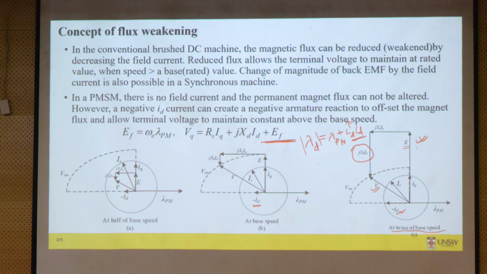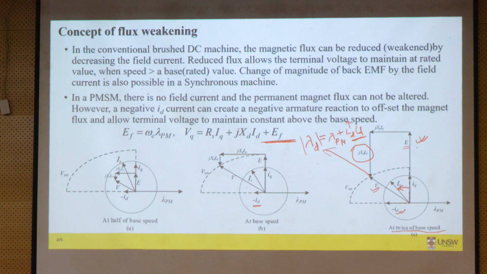If we would have kept the ID same as here, this voltage would have been much larger. It would not have been coming to the limit, okay. So that means in flux weakening, we need to increase the negative current, and increase of negative current also means that we are increasing this current angle gamma.